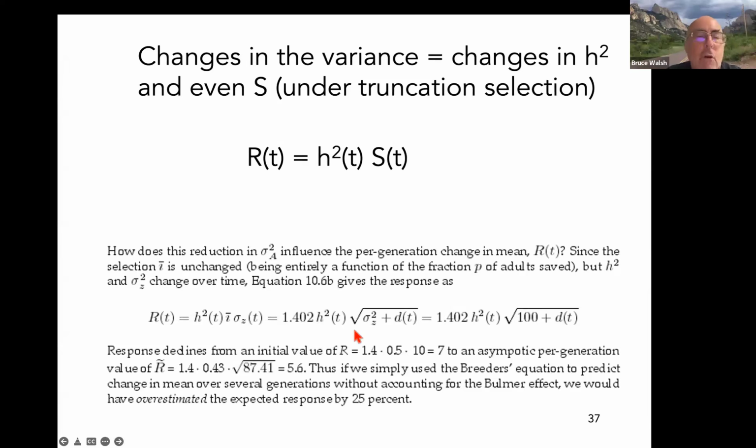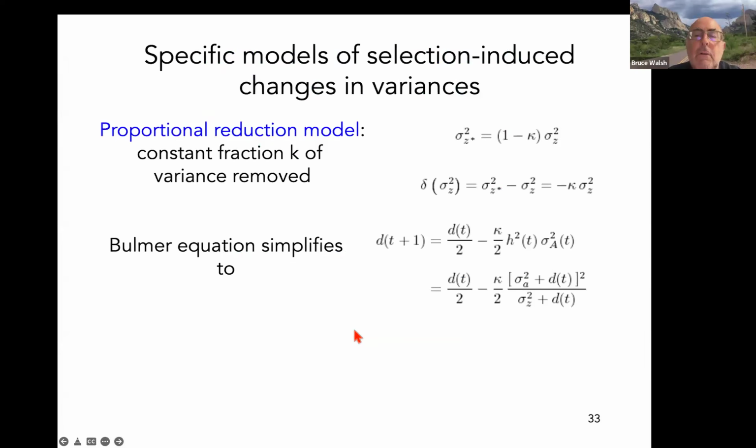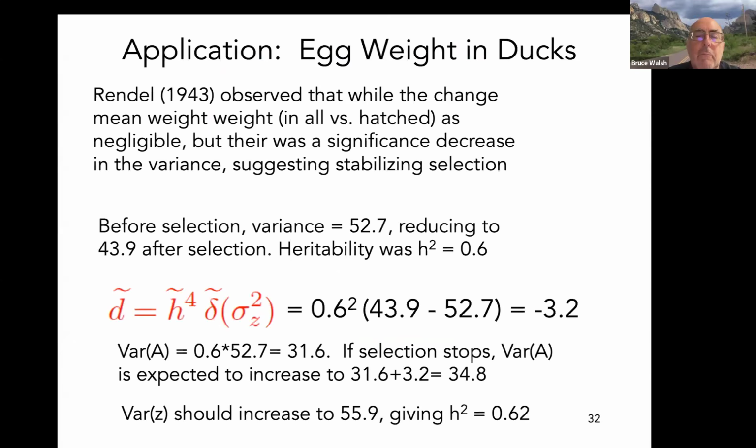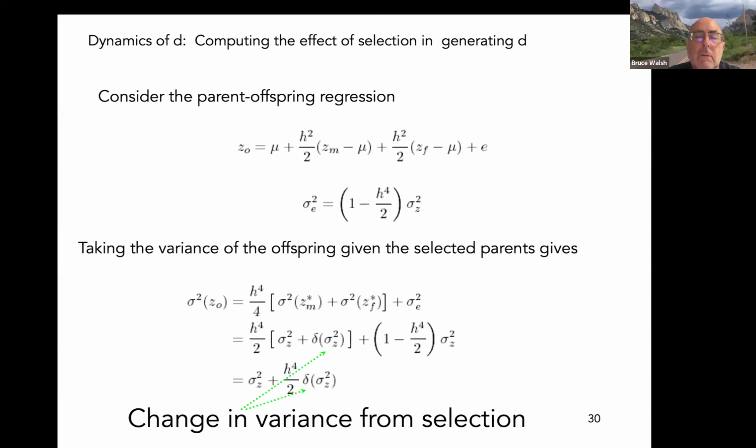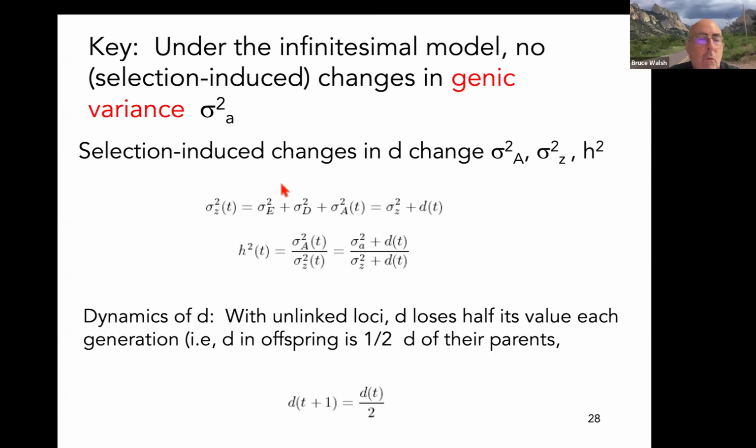Yes, and that's a good point. Let me pull that back up here. That's actually taken into account. When you look at that expression down here, there's the phenotypic variance. I go back and forth between Z and P, apologies. Z is used in the evolution literature, P is used in the breeding literature.